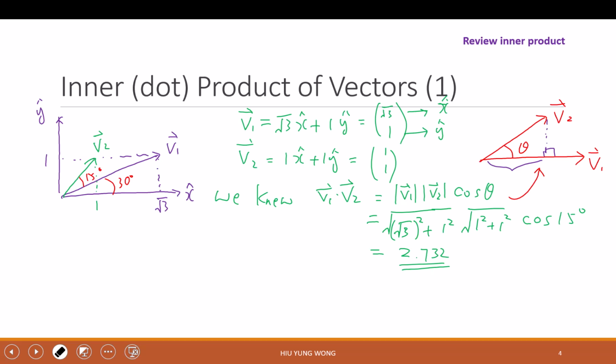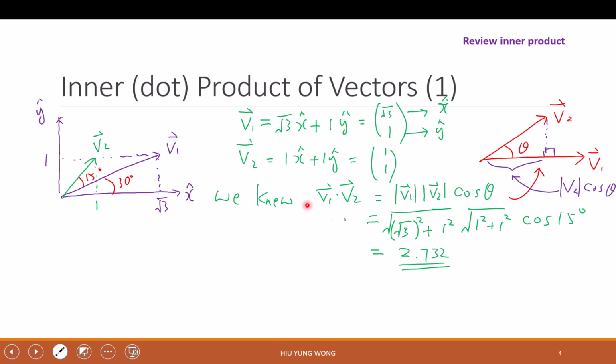Anyone still remember trigonometry? What is the length of this part? V2 cosine theta. Okay? Because that is the definition of cosine theta, right? This one divided by length of this one equal to cosine theta. So the length of this one is V2 cosine theta, right?